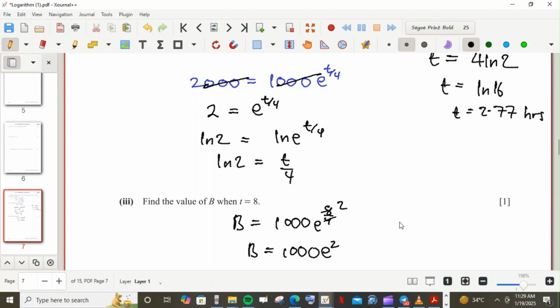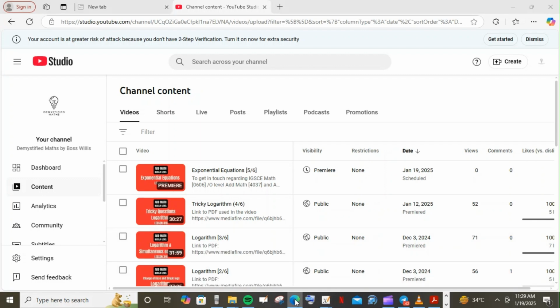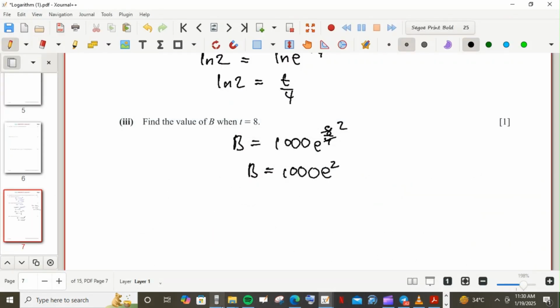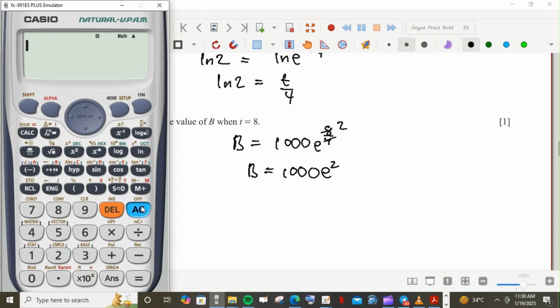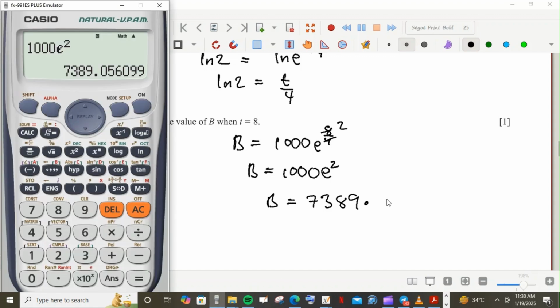Okay, so calculate that and see. 7,389. 389 point what? Let's go and check. Point 056.